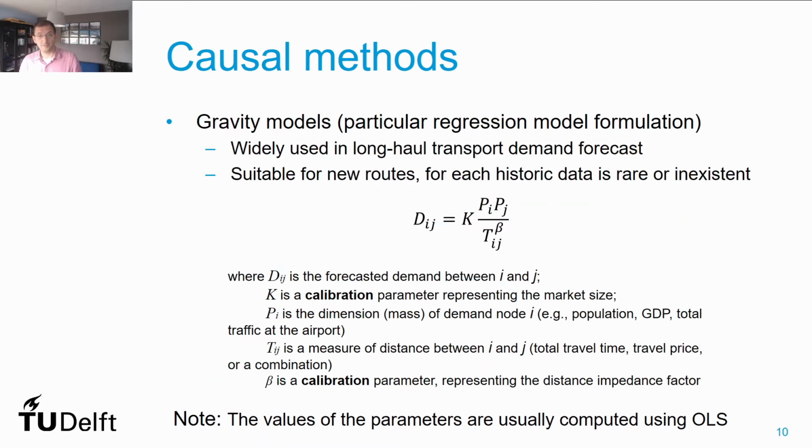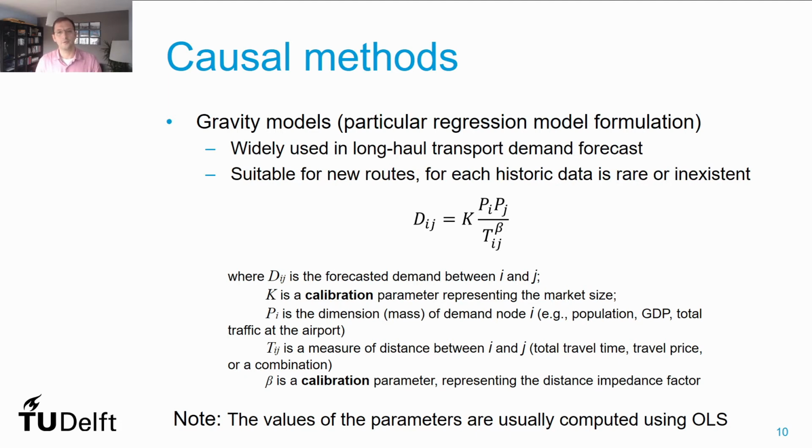A specific version of these econometric methods is the gravity model. It's widely used in long-haul transportation demand forecasts, not only for air transport, but in general transportation problems. And the reason being that it's easy to explain, it's easy to apply, and doesn't require so much data in principle.